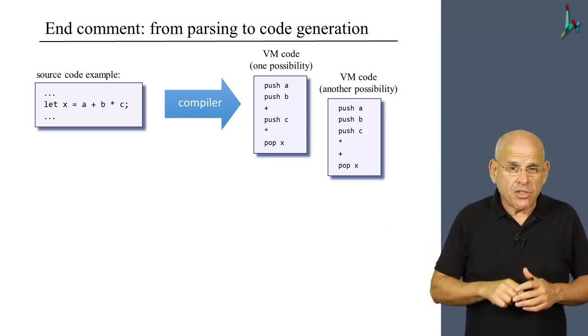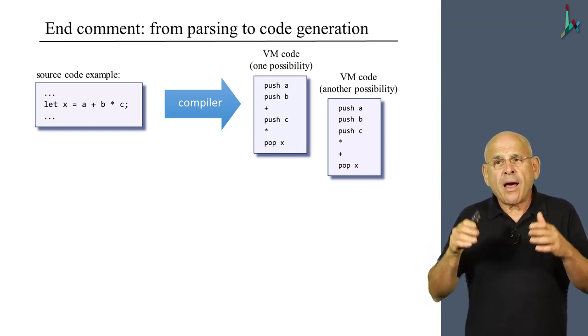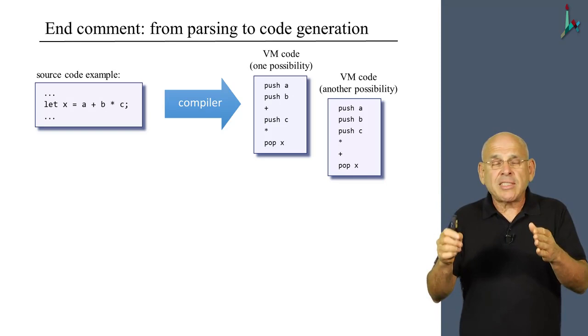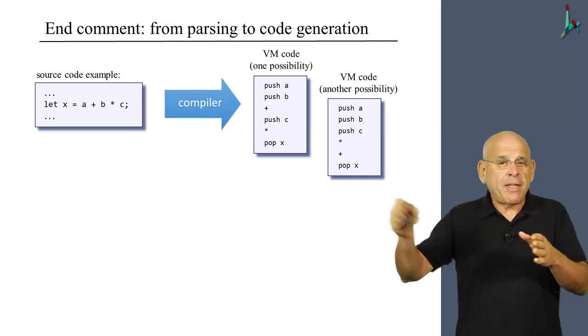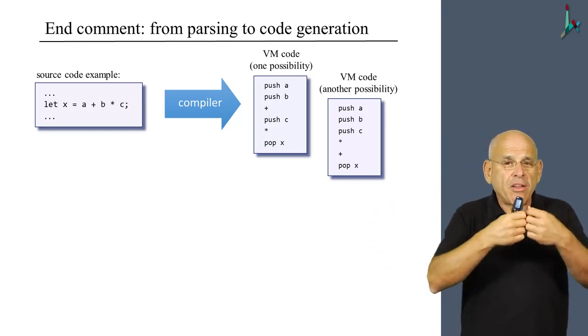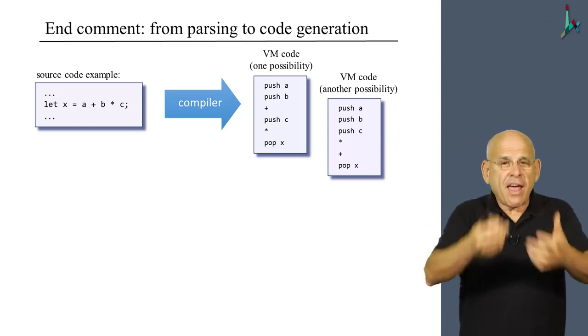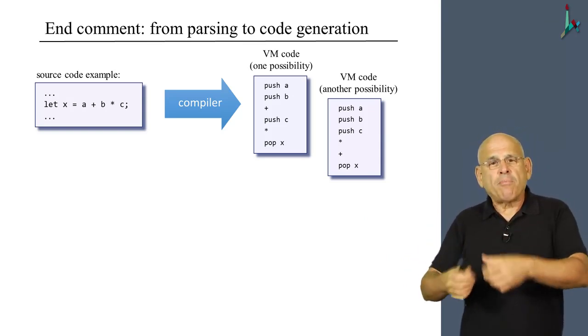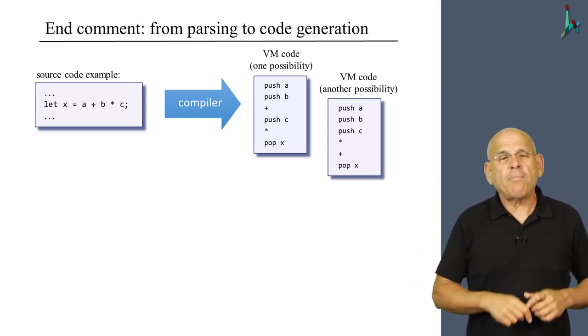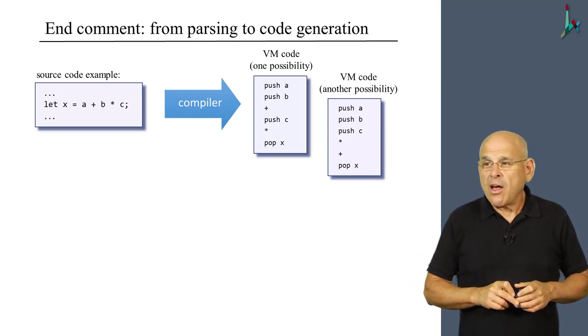In the second version, we view the input as A plus (B times C). Okay, so we evaluate A, then we evaluate B times C, and then we apply the addition operator.